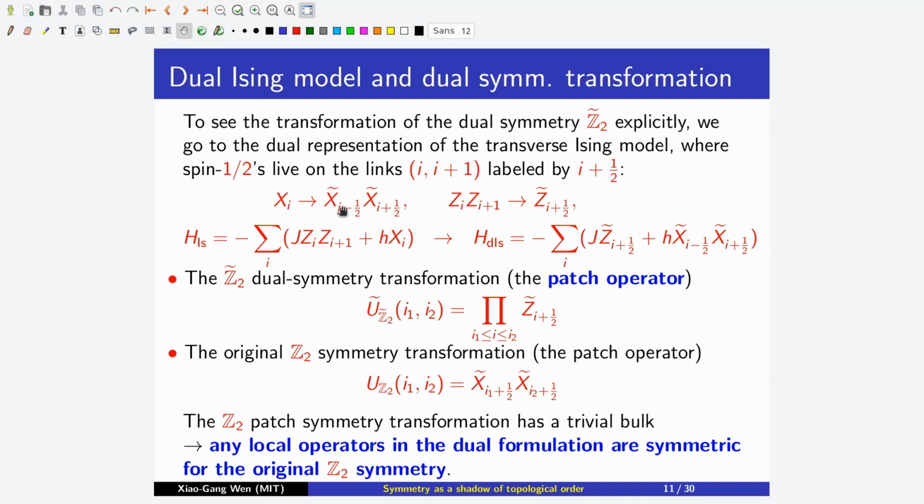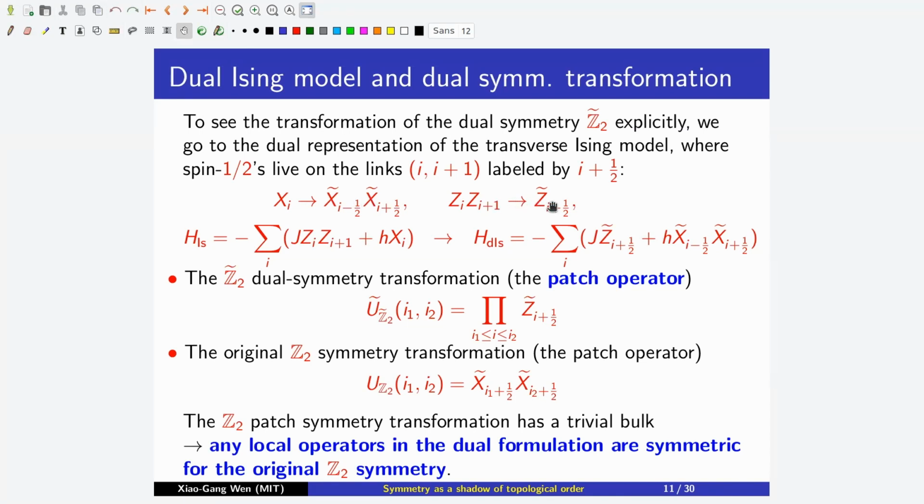Then if you do this replacement, the ZZ becomes a single Z and the single X becomes a product of two X's. This transformation is exact because X and ZZ have the same algebra as the X tilde and Z tilde operators.